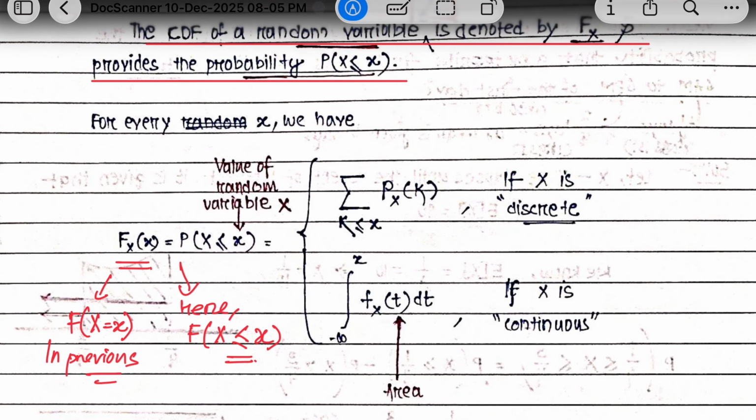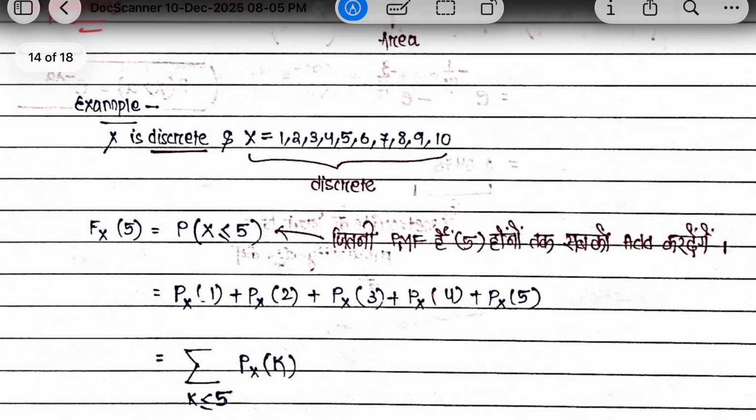Let's see the example, we will have a deeper understanding.